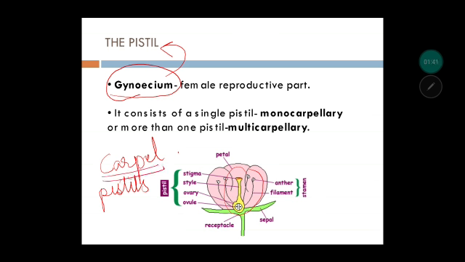On the basis of the presence of a single pistil or multiple pistils, the plant can be categorized as monocarpellary and multicarpellary. Mono means single, carpellary means the carpel, so it has a single pistil. Multicarpellary means it has more than one pistil.